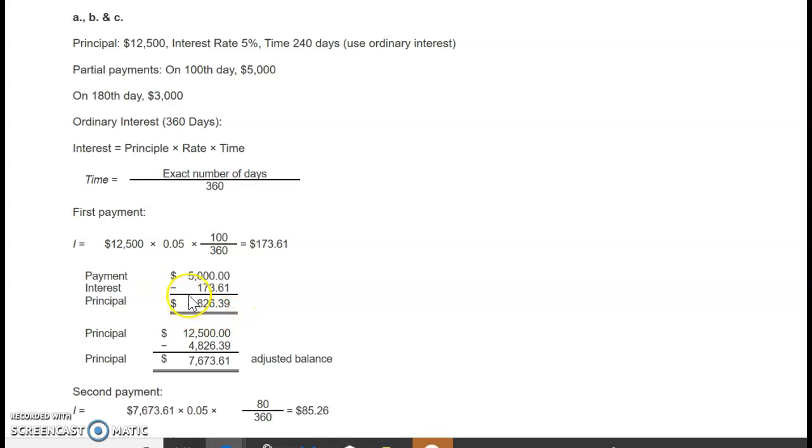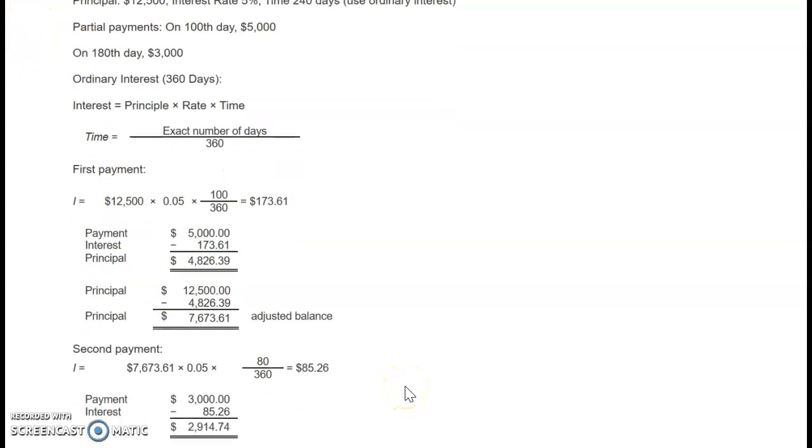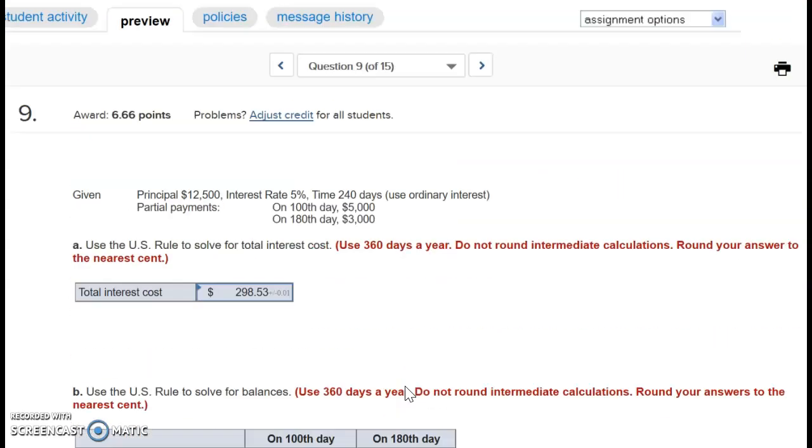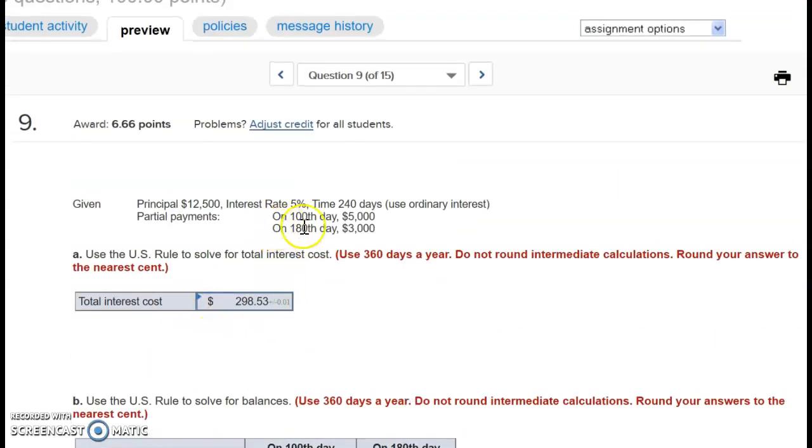This is the amount of his $5,000 payment that is actually going to reduce his loan principal. So if we take the principal, then we subtract this number, then the adjusted balance is $7,673.61.